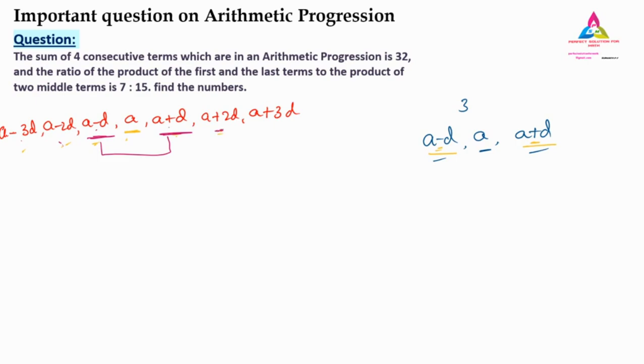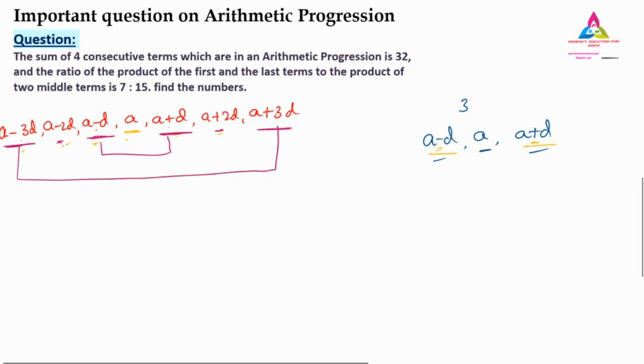Yes, this one is also a similar thing. And next we have a minus 3d over here and a plus 3d. So what we will do now is take a minus 3d, a minus d, a plus d and a plus 3d for the sequence. We will leave a, a minus 2d and a plus 2d, those 3 terms.